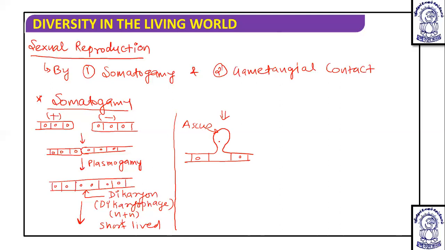Now in this ascus, the two nuclei which were here in the dikaryon go here, and after reaching the ascus the karyogamy occurs. When karyogamy occurs within the ascus, the diploid nucleus will be formed.